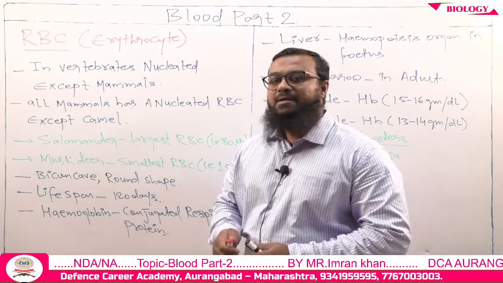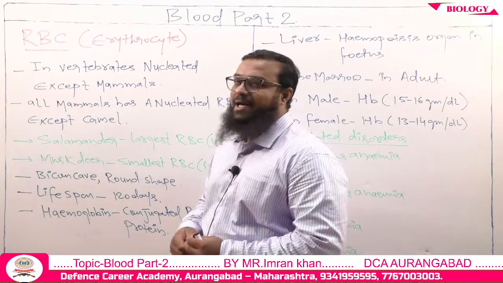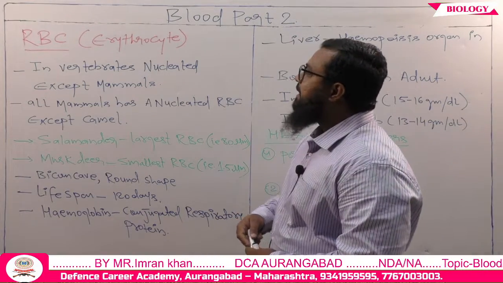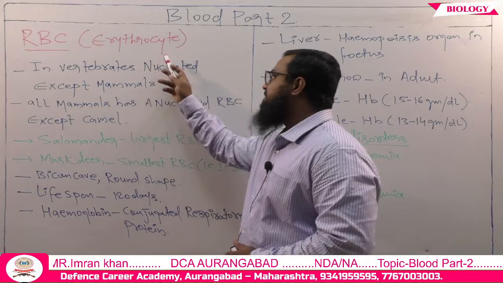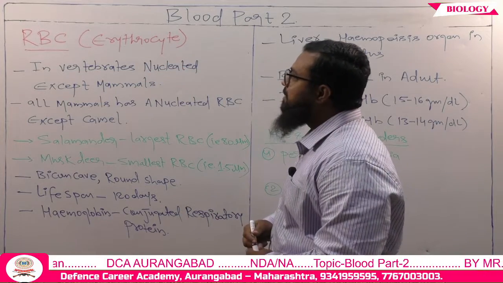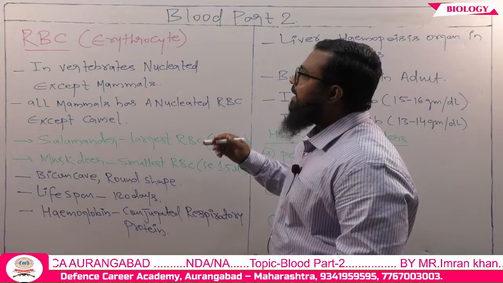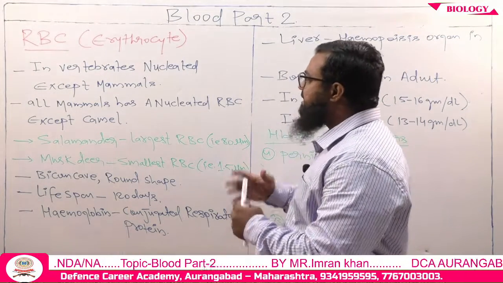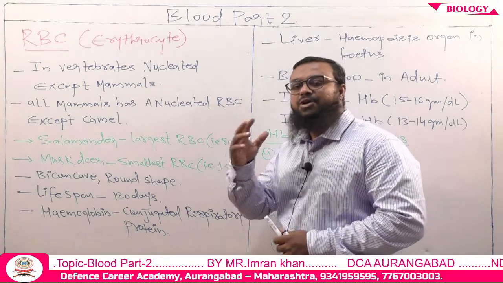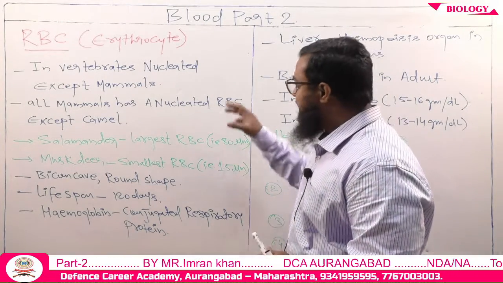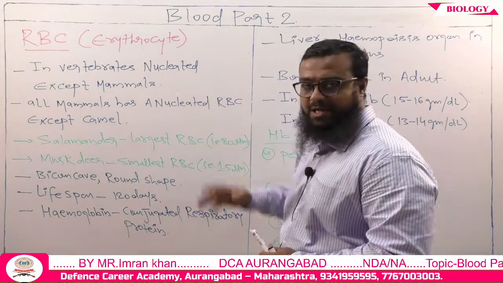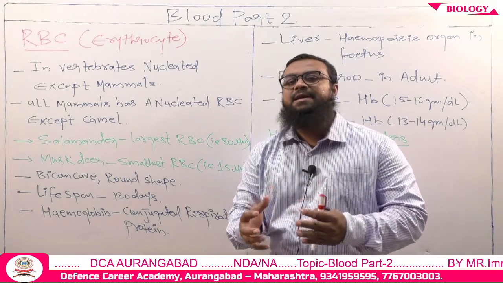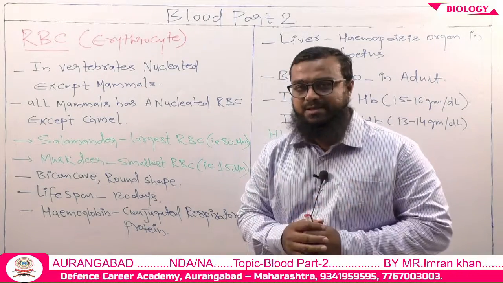As we all know, the RBC is scientifically called erythrocyte. Erythro means red, cyte means cell. In vertebrate blood, the RBCs are nucleated. It contains the nucleus, meaning the genetic material is enveloped in the nuclear membrane.